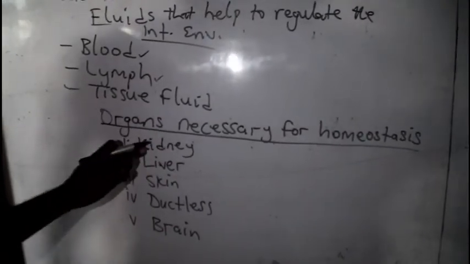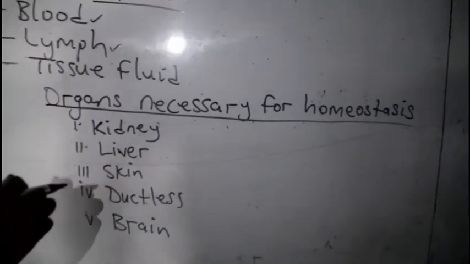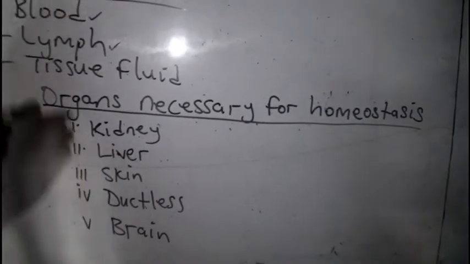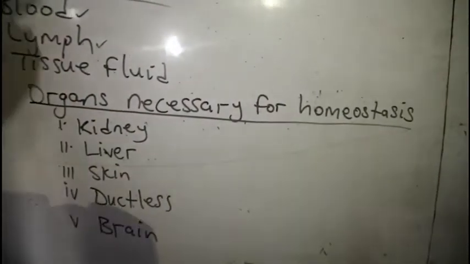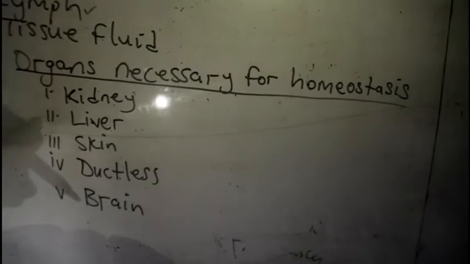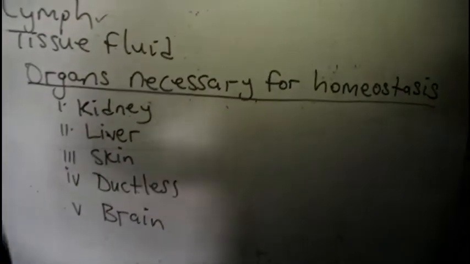The first on the list is the kidney. We have the kidney, the liver, the skin, the ductless glands, and the brain. So we are going to take these organs bit by bit. We take them in detail so that you know where they are, you know their functions, and you know what they can do. Let's take the first one, the kidney.